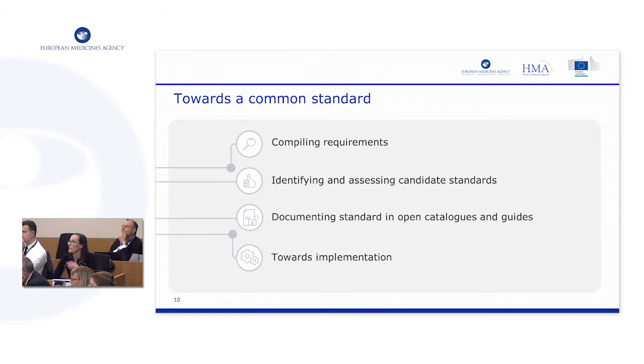The next step would be identifying and assessing the candidate standards, and indeed, do we need to develop standards in certain areas to fulfill the use cases? And once a common standard is identified, it needs to be documented in open catalogs and implementation guides. These are the steps we foresee towards implementation of the common standard.